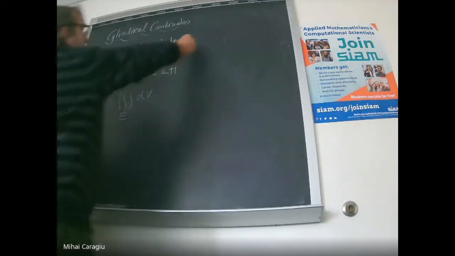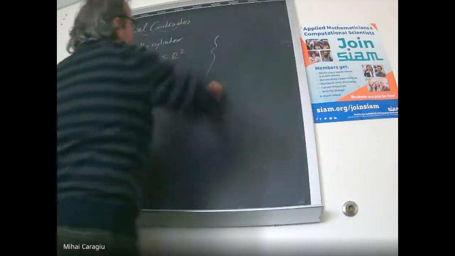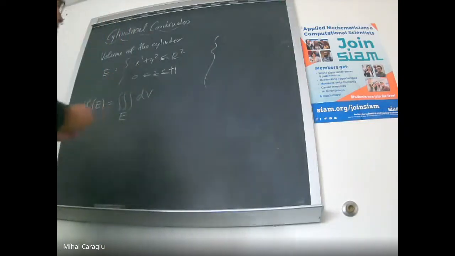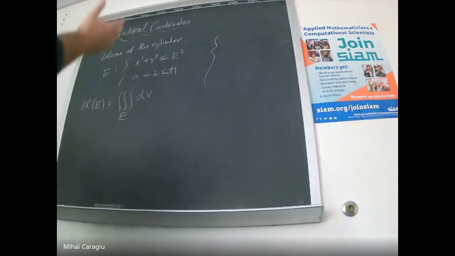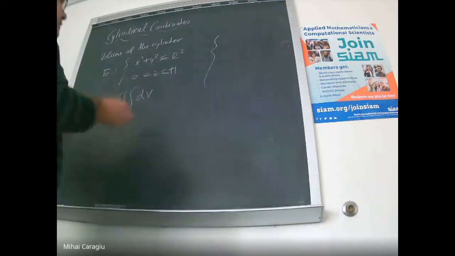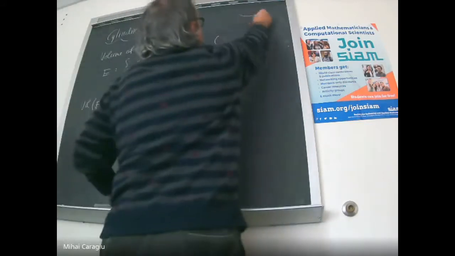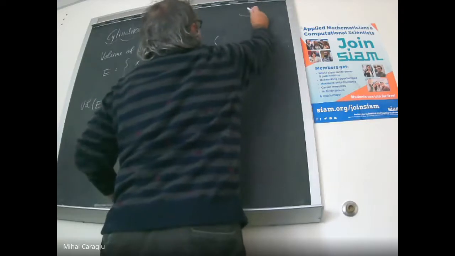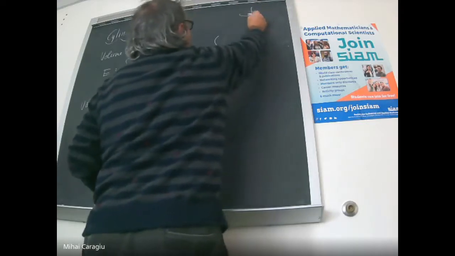Let's express the cylinder in cylindrical coordinates. The meaning of small r is the distance from a point in 3D to the z-axis. So that's a cylinder with the z-axis as axis of symmetry.